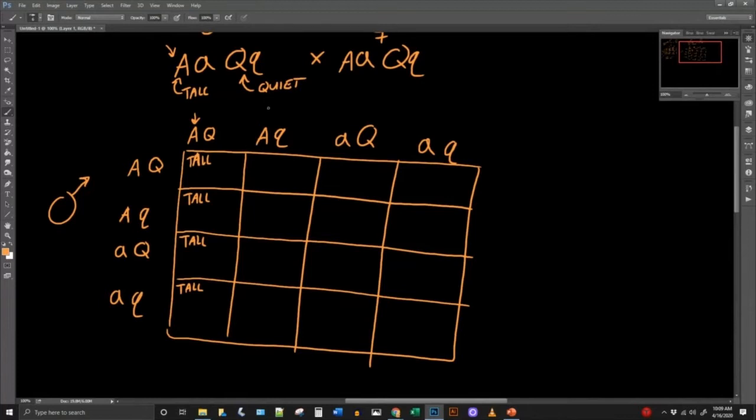And same thing with this column. All these are going to be tall. And same thing for these two rows here. All of these are going to be tall.